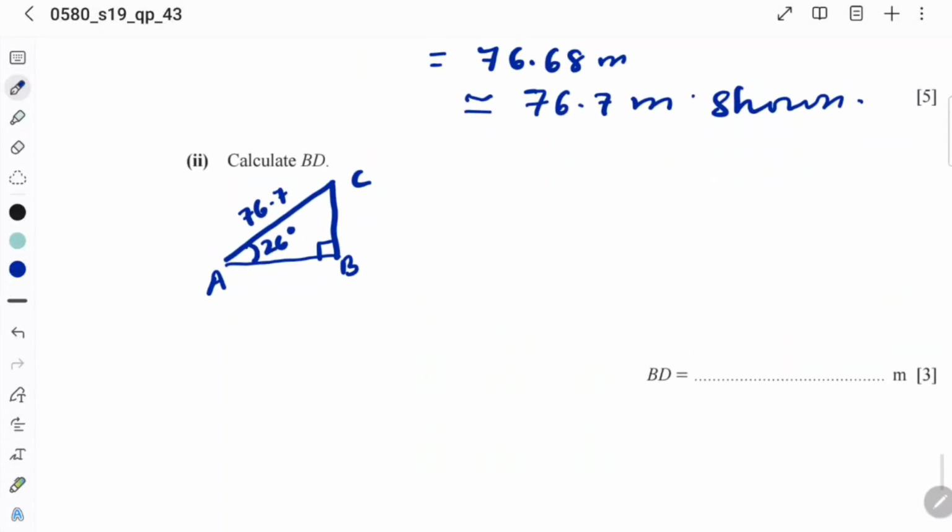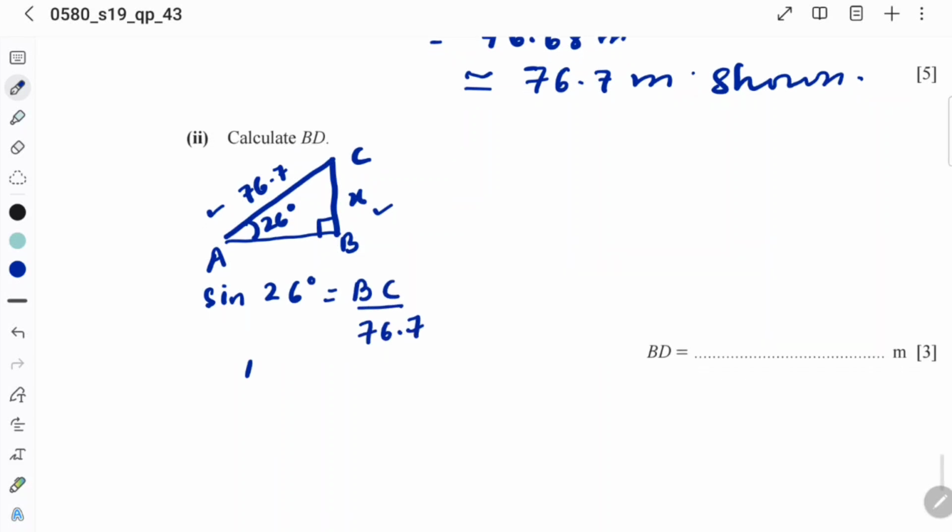With the help of SOH CAH TOA, I'm putting X here. X is your opposite side, and the hypotenuse is 76.7. So sine of 26 degrees equals O over H, which is BC upon 76.7.